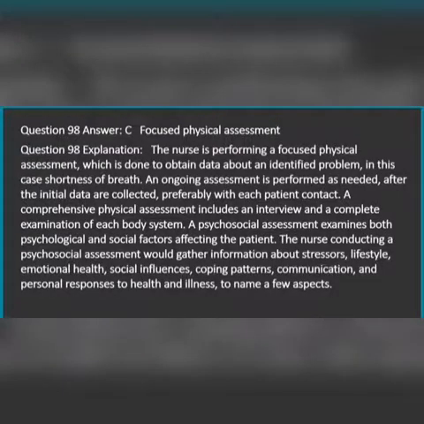A psychosocial assessment examines both psychological and social factors affecting the patient. The nurse conducting a psychosocial assessment would gather information about stressors, lifestyle, emotional health, social influences, coping patterns, communication, and personal responses to health and illness, to name a few aspects.